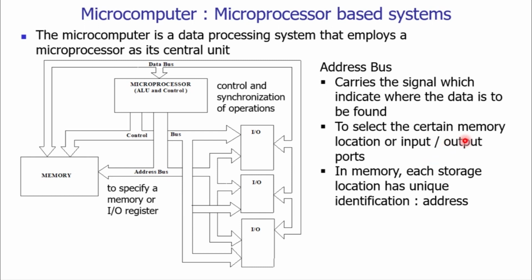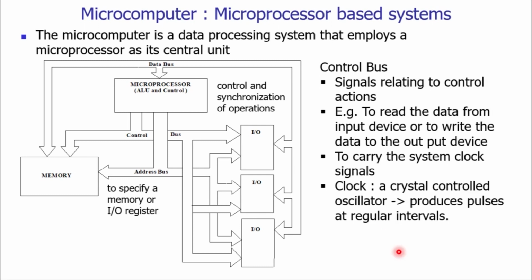It is used to select a certain memory location, and input or output ports as well. In the memory, each storage location has a unique identification, and that unique identification is called the address.